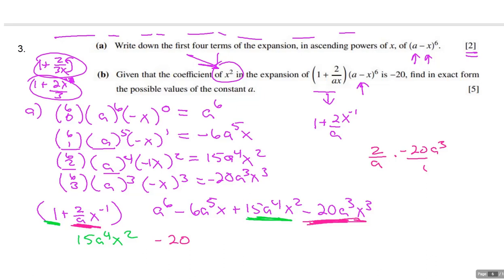If you want, just go straight across. What's 2 times negative 20? Negative 40. And then a is still on the bottom because a times 1 is a, right? So when I divide this, what do I get? Negative 40a squared. Which is what I want because I want to get an a squared, right?